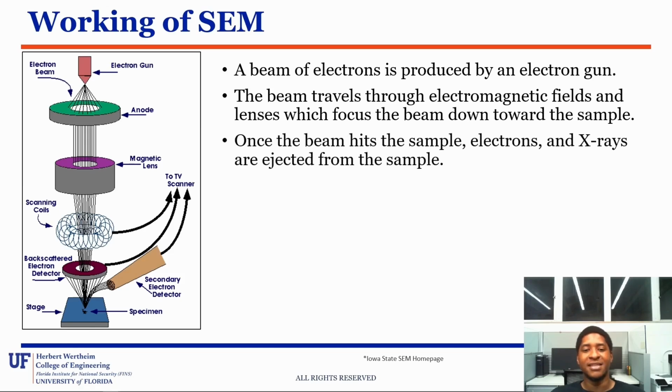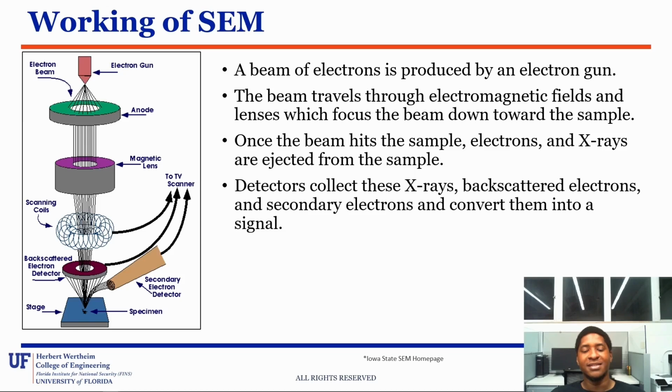Once the beam hits the sample, the electrons and rays are ejected from the sample, the rays being X-rays and the electrons being emitted as they interact with the sample. The detectors collect these X-rays and the emitted electrons, and then secondary electrons, and convert them into a specific signal.